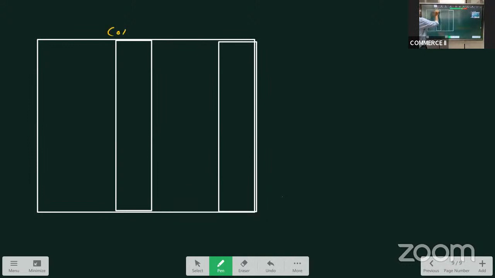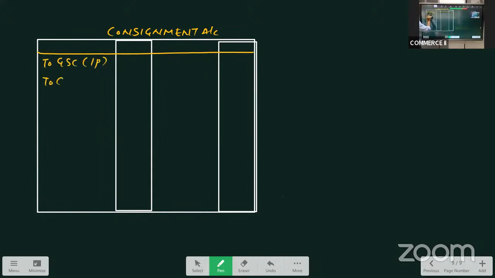We are preparing consignment account in the books of consignor, that is Ritika Reddy. What are the items we take? We take GST at invoice price. We take cash, expenses of consignor. We take consignee, expenses of consignee.